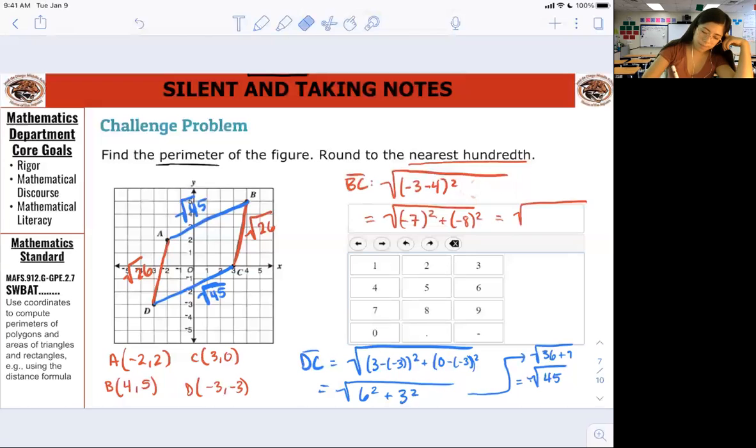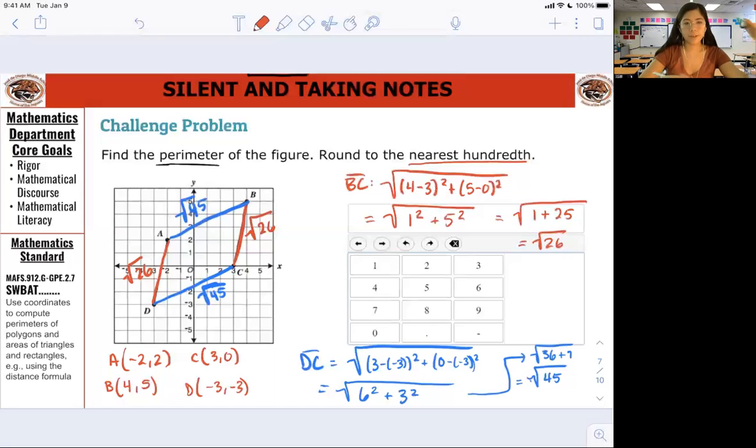My bad. I was looking at BD. I was like, that doesn't make sense. That would be really long. Okay, sorry. Again, BC. That would be 4 minus 3 squared and 5 minus 0 squared. So that would just be 1 squared plus 5 squared, which would be 1 plus 25, which would be 26. So that's how we get the same answer for both of those.